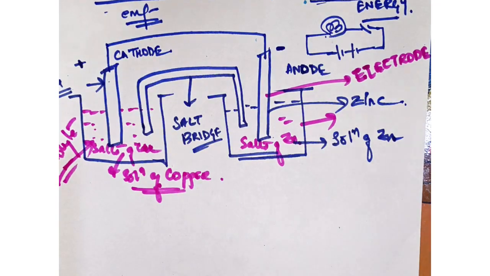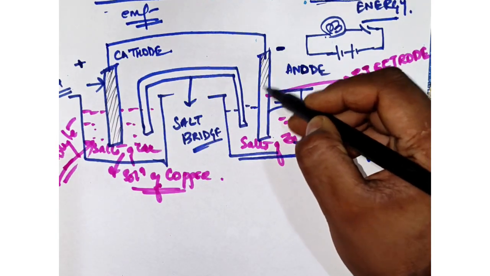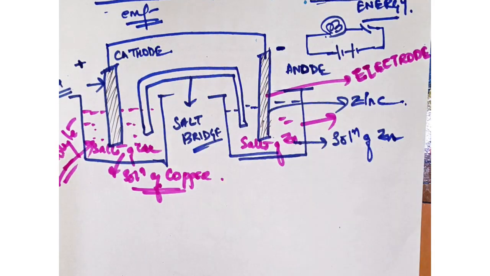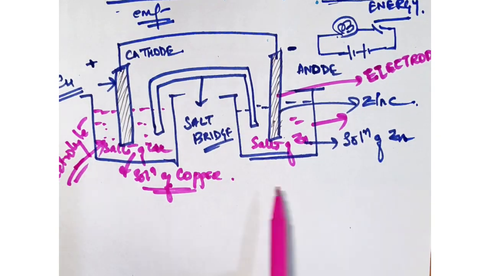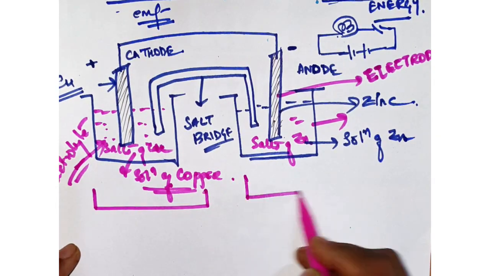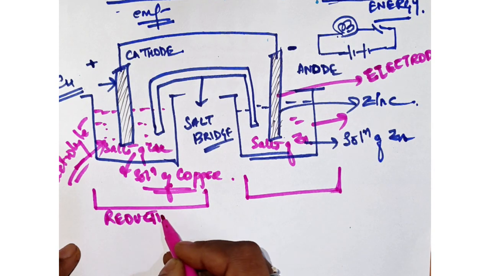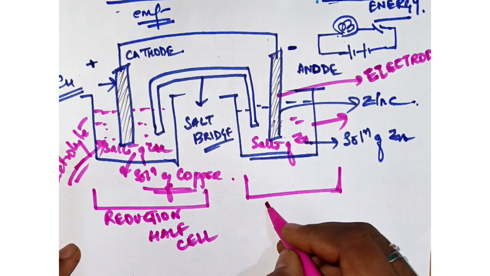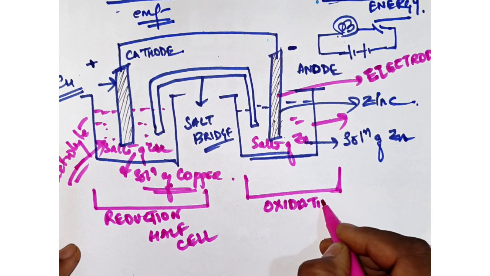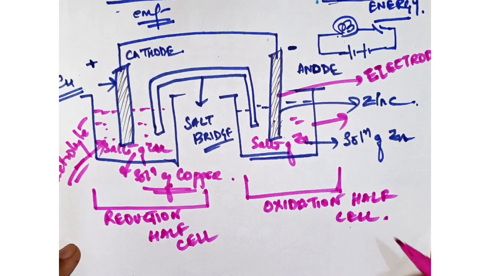So this is your positive electrode and this is your negative electrode. Now see, this circuit is divided as this is one half cell and this is another half cell. This is called your reduction half cell and this is called your oxidation half cell. Why so? I will discuss.